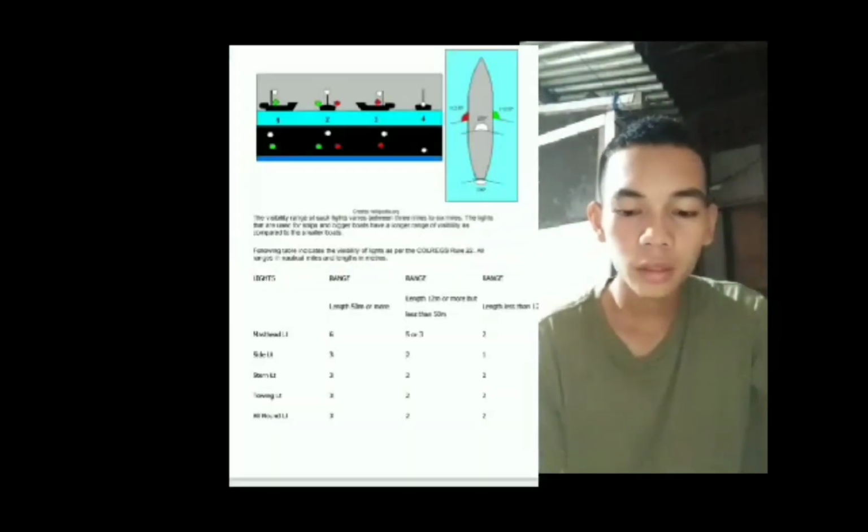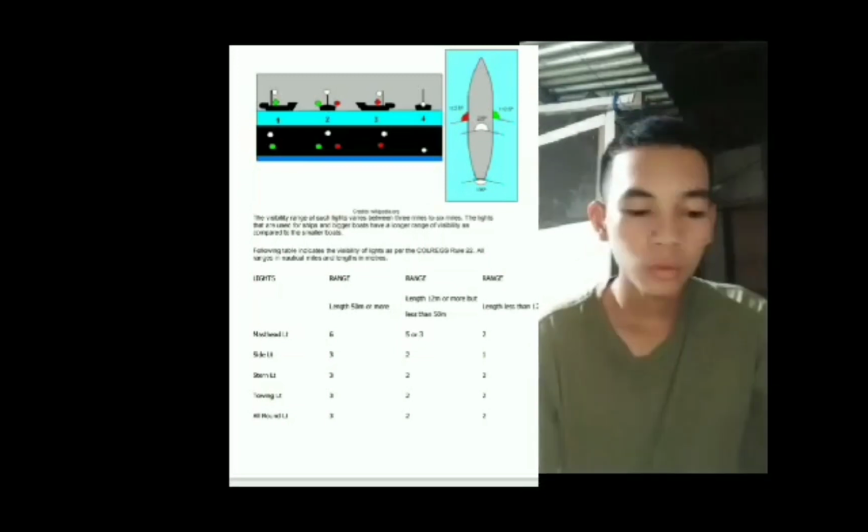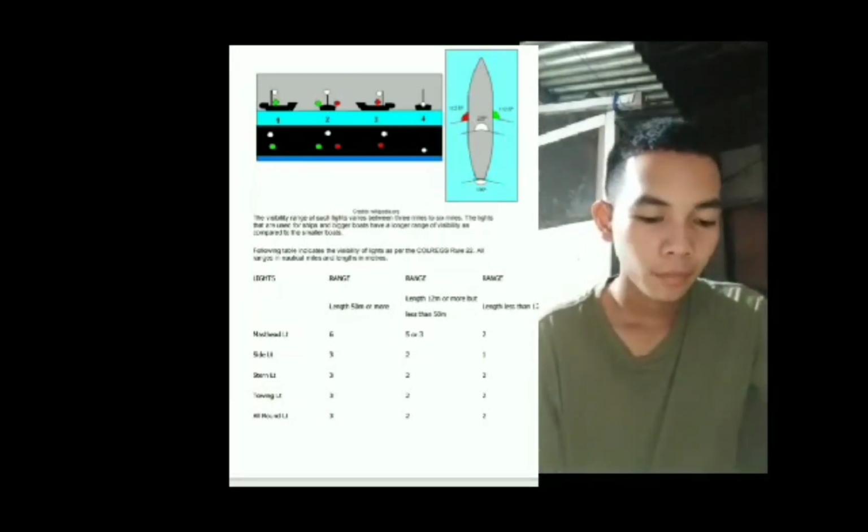The visibility range of such lights varies between 3 miles or 6 miles. The lights on larger ships and bigger boats have a longer range of visibility compared to small boats like light vessel navigation lights.